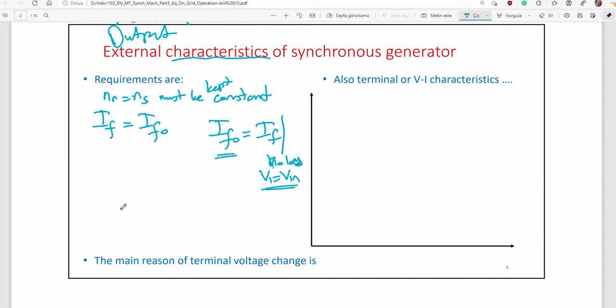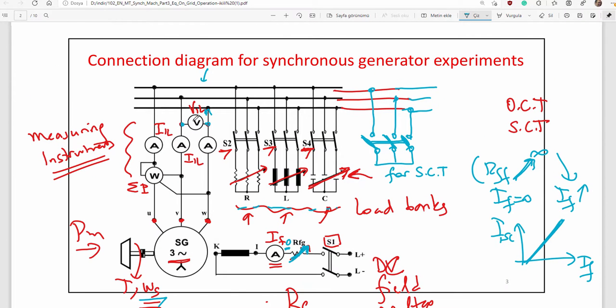And then conduct loading under constant power factor. Here is the load bank. You can adjust loads, but power factor will change. For example, if only S2 is on, this load will be pure ohmic.